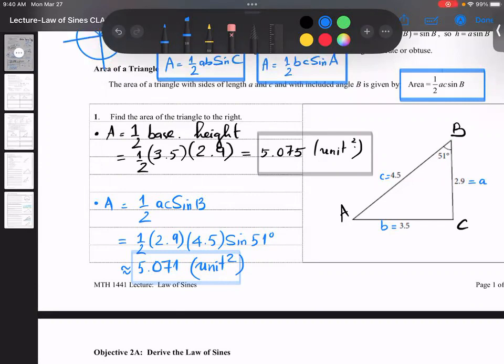Base and height intersect each other at 90 degrees. So base here will be 3.5 and height will be 2.9. And they give a similar result, a similar answer. So are we okay?